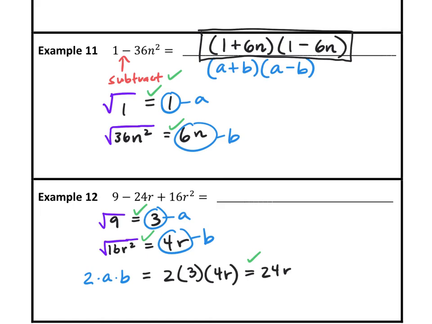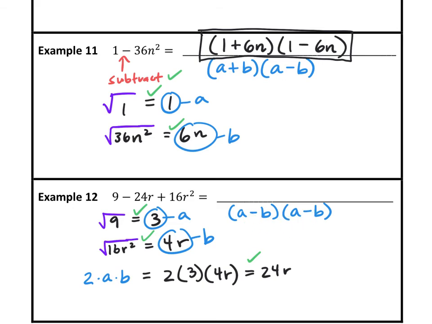So everything checks off. The next thing we have to do is check, do we have a minus plus situation or a plus plus? It looks like we have a minus plus. So we're going to use this pattern. It's A minus B times A minus B. So that's kind of the idea, is if I have a minus plus situation, then I'm going to have A minus B twice.